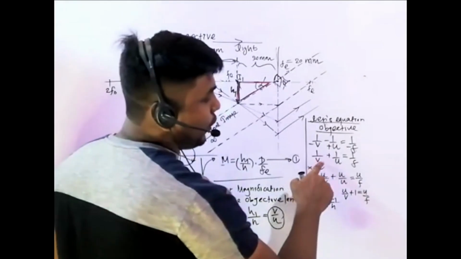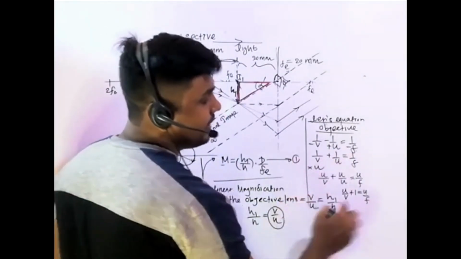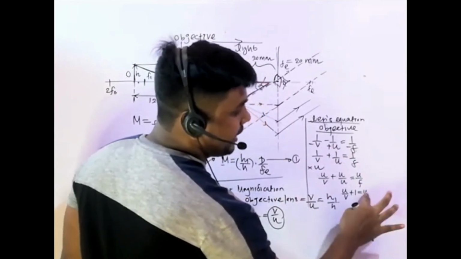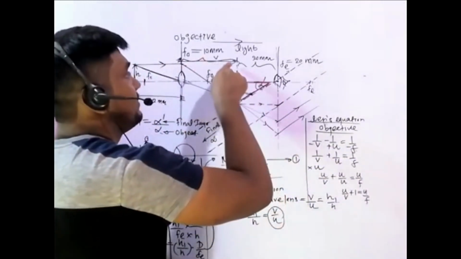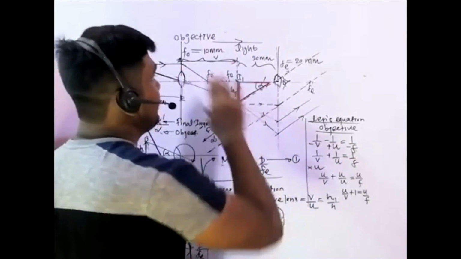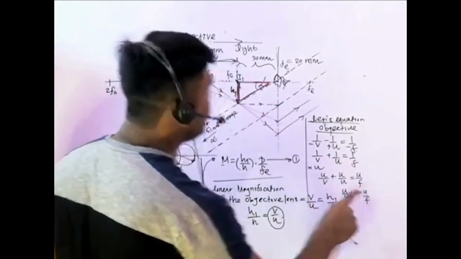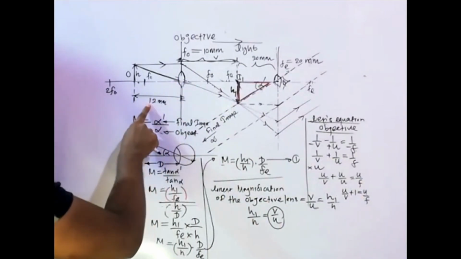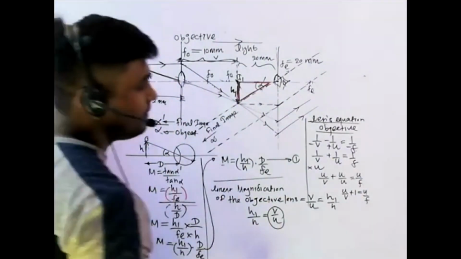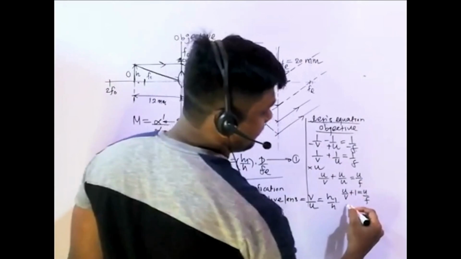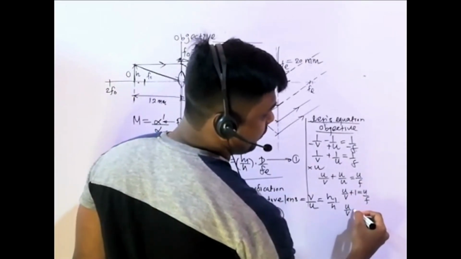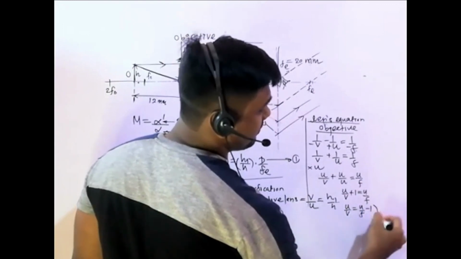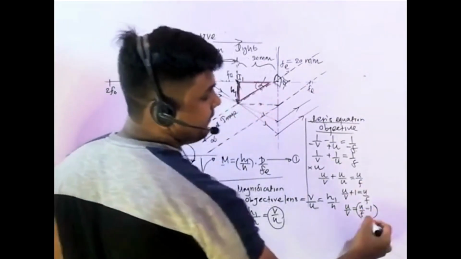If I multiplied all the terms by V, I would get a V, but I don't know the value of V. That's why I multiplied by U, because U is the object distance for this lens, which is 12. Therefore U over V is equal to U over F minus 1. Here F means F naught.